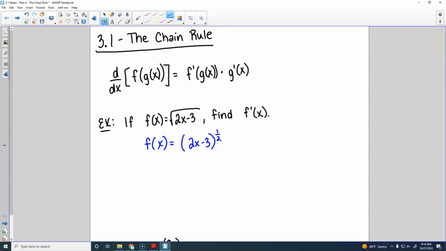And so what we need to do is identify what our outside function is and what the inside part is. So for this particular case, when we look on the outside, we're looking at something being raised to the 1/2 power. And then our function on the inside is this 2x minus 3.